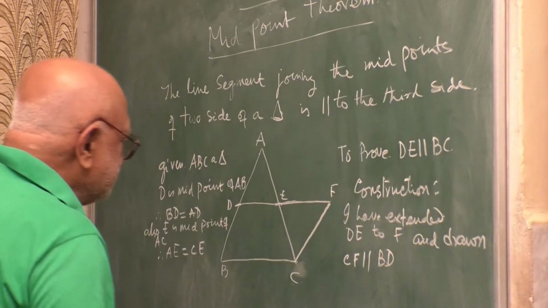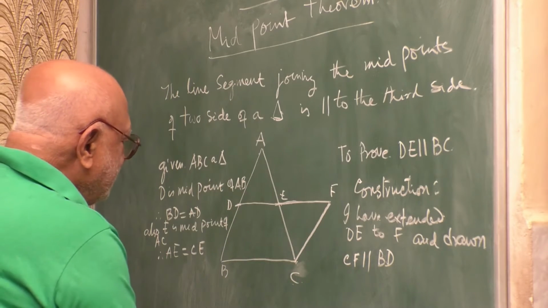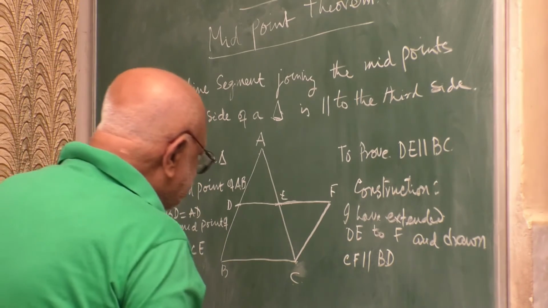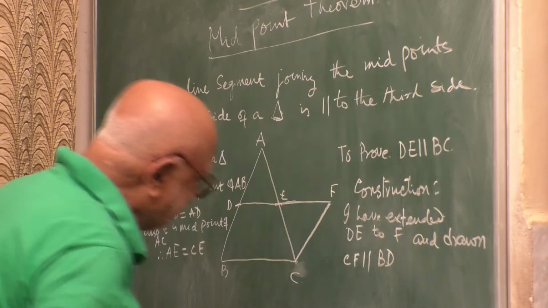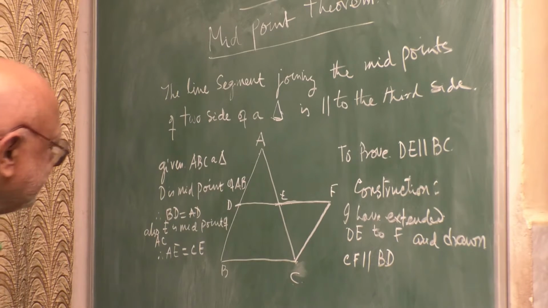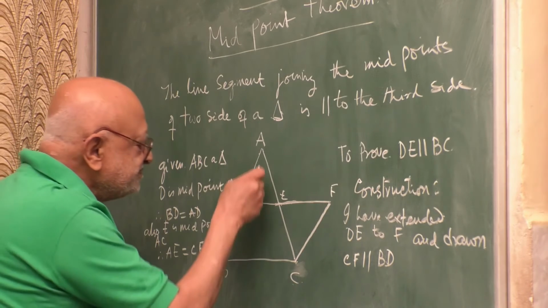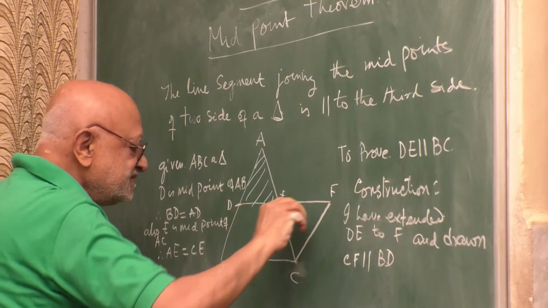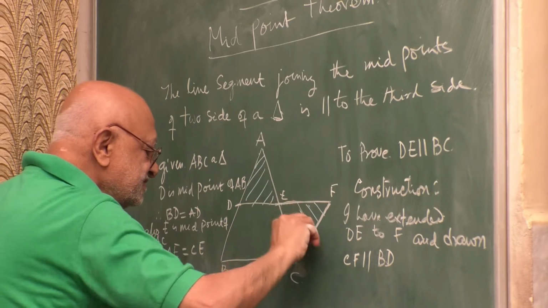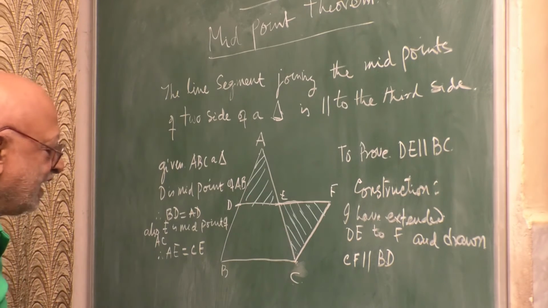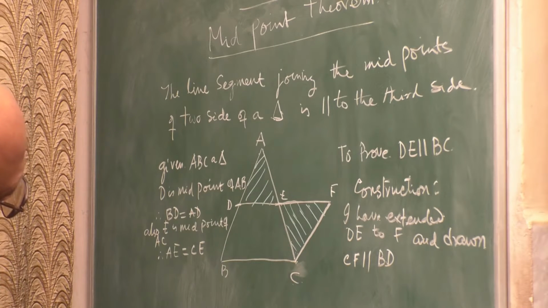Okay. Now, if I have drawn that parallel to this one, then let me take these two triangles, this triangle and this triangle. What I want to do is prove that they are congruent.